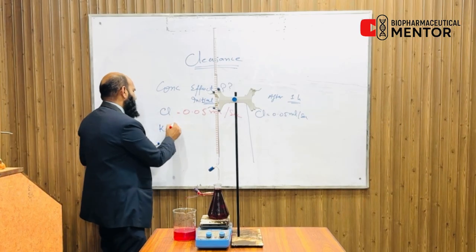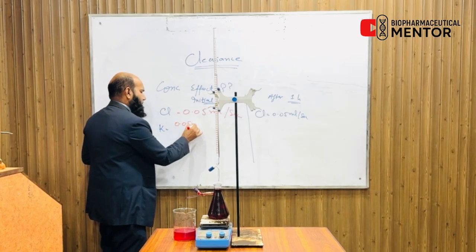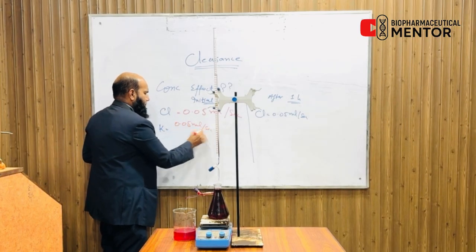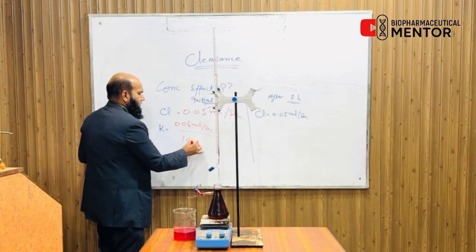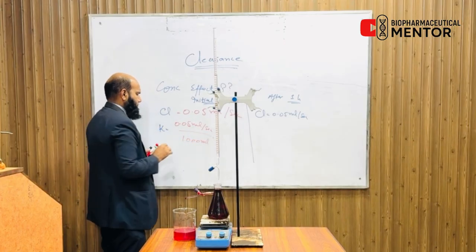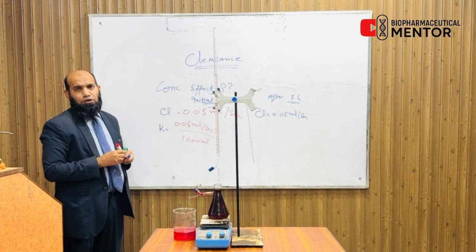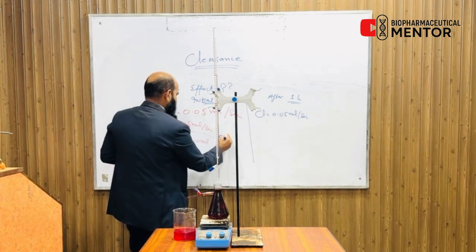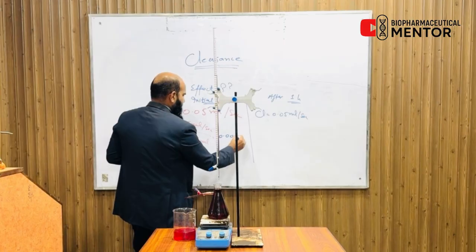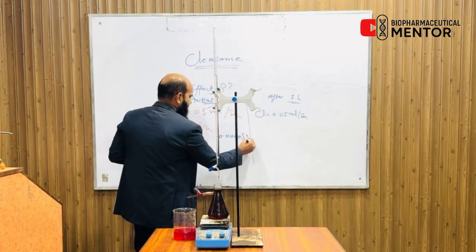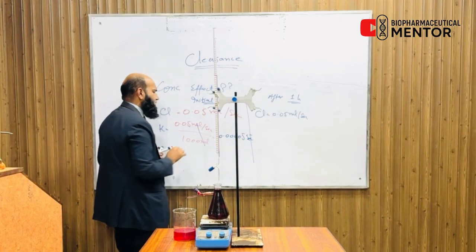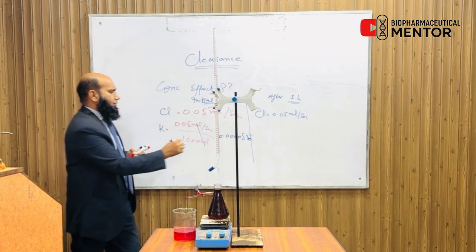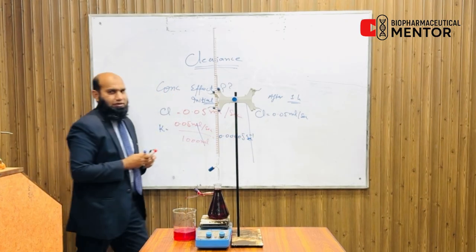So we will divide 0.05 ml per second by 1000 ml, and our rate would be 0.00005 per second, because ml will be cancelled and we will get the result in per second.